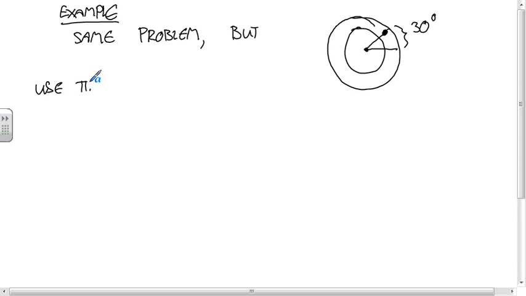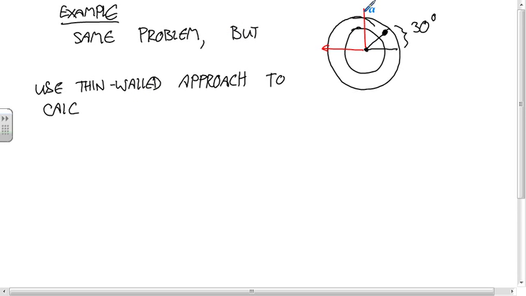So use the thin-walled approximation. And we want to calculate this in this coordinate system. So y is pointing up, z is pointing that way, x is coming out at us.